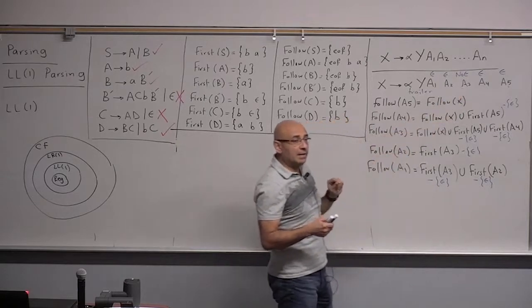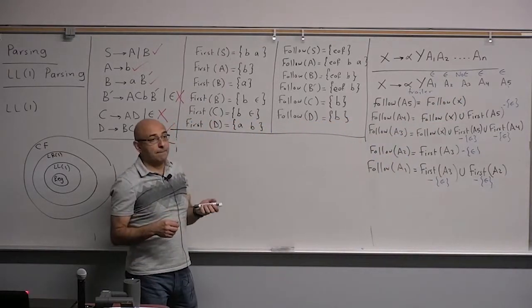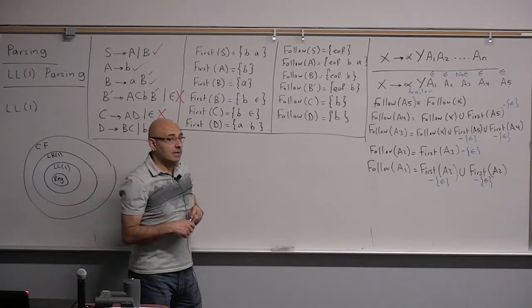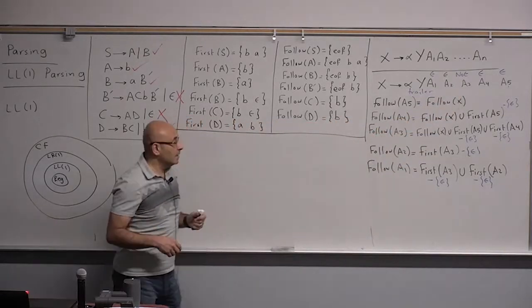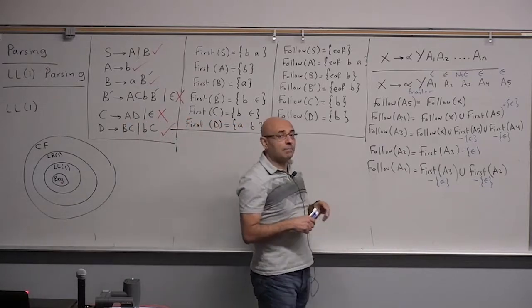You keep accumulating, but you stop accumulating when you get to what? Something that does not have an epsilon. Yeah, exactly. When you get to something that does not have an epsilon in it, you stop accumulating.